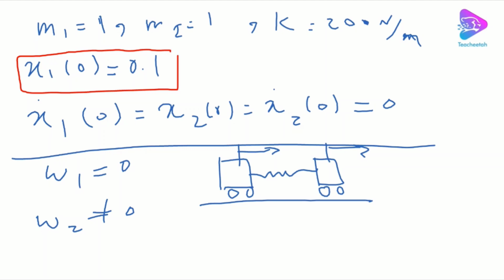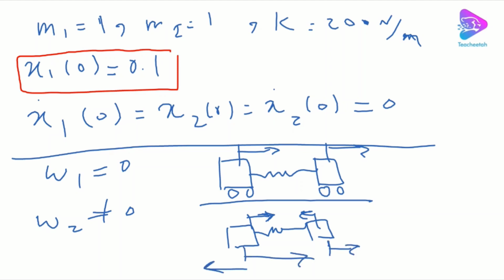This is how the first mode works, while the second mode is where we have a relative motion in between, like they go opposite, or one goes more than the other, right?